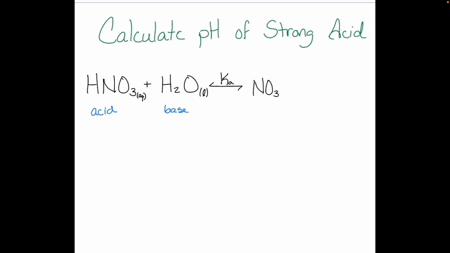It becomes the nitrate ion. And water, when it's playing the role of a base and it accepts that proton, it becomes hydronium. And what have we just spent a whole boatload of time talking about? That hydronium concentration, right? Okay, so let's take a look at a problem here.